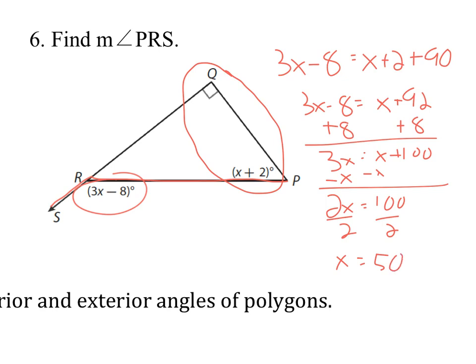Now, did they ask us for x? No, they asked you for the angle of PRS. Yeah, we want PRS, which means I'm going to substitute 50 in for x there. And you get 142. So the measure of PRS is 142 degrees.